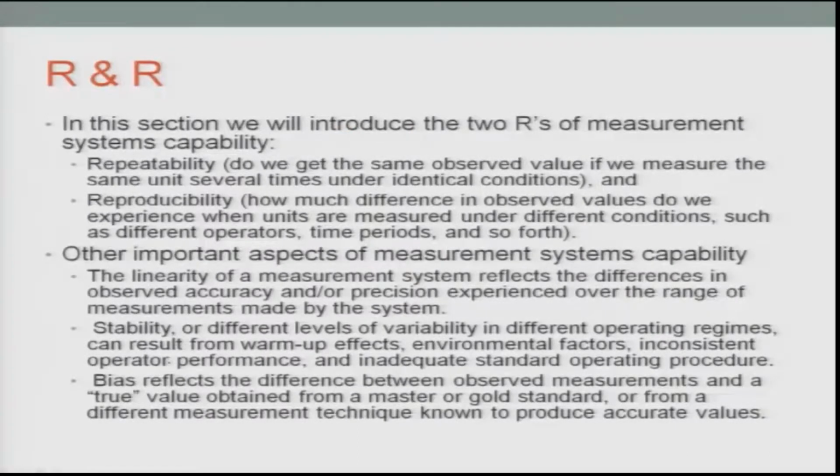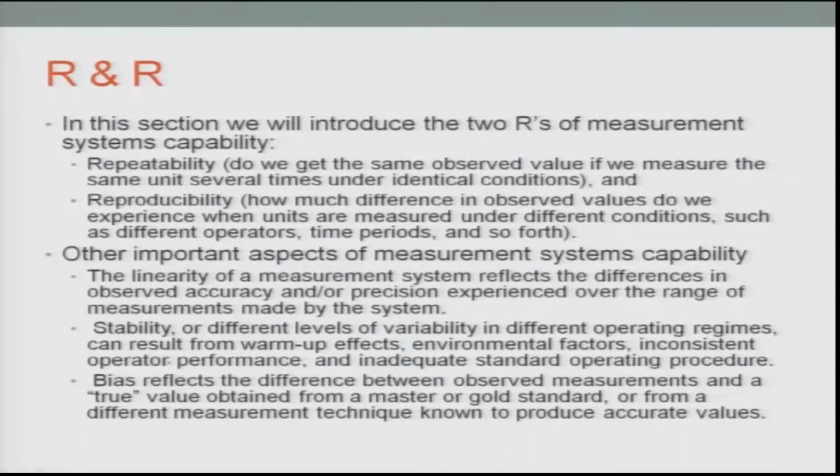Now, we will go through the simple concept qualitatively about the repeatability and the reproducibility of the process capability studies or analysis. So, in this section we will introduce the 2 R's of measurement system capability and understand them in detail.